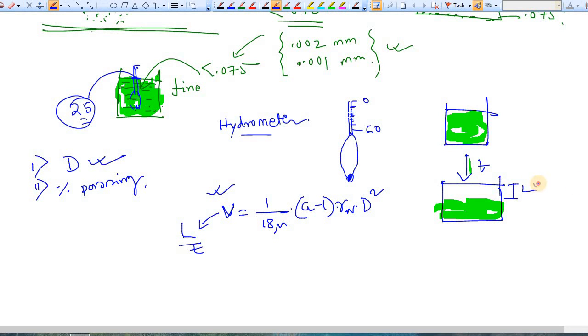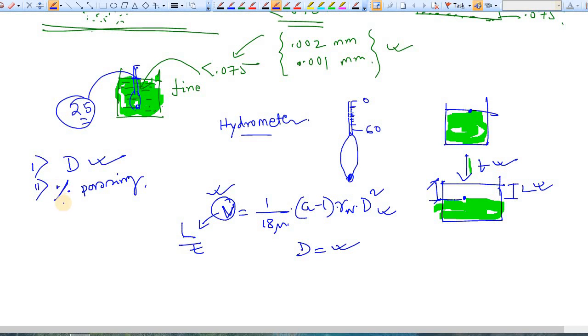So L is known to you, t is also known to you, so you can find velocity, and from that formula you can calculate d of the particle which has traveled through this length. Let's say initially the particle was here, now it has reached here. So you have got the first answer, that is d.